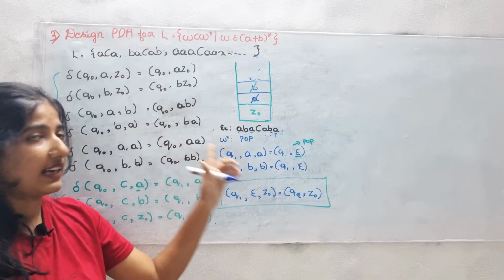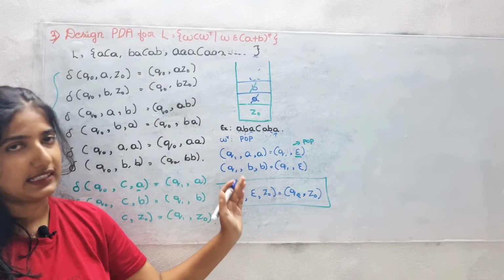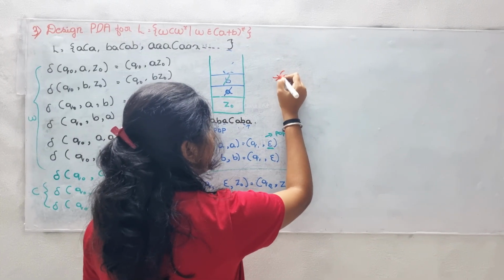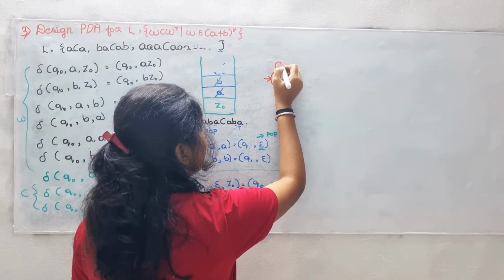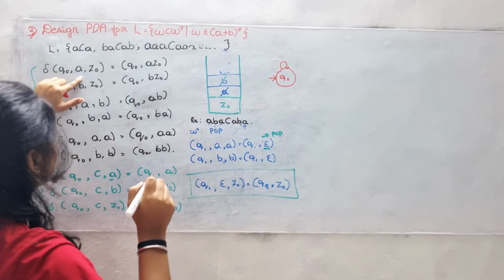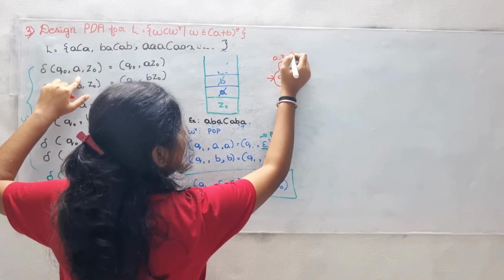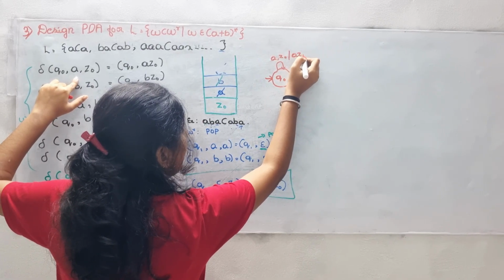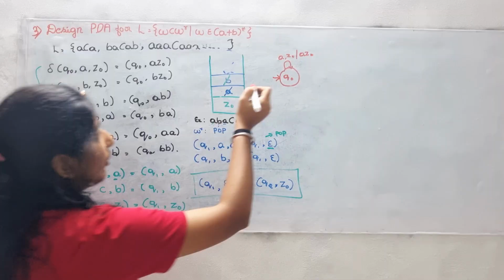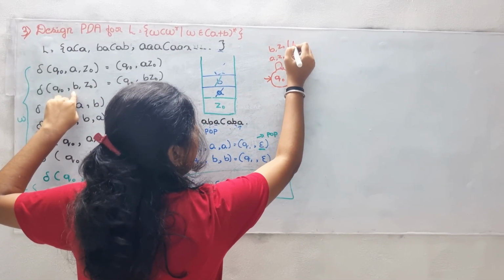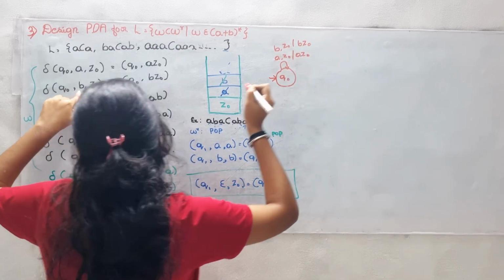So this is the transition function. Now let us write the transition diagram. So at first I will be in the state Q0. So first one, this one: on input symbol A and top of stack Z0, the top of the stack will be A, Z0. And then for B, Z0, I will remain in state Q0 only.